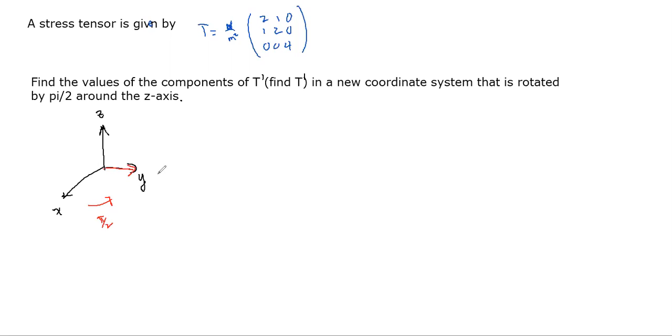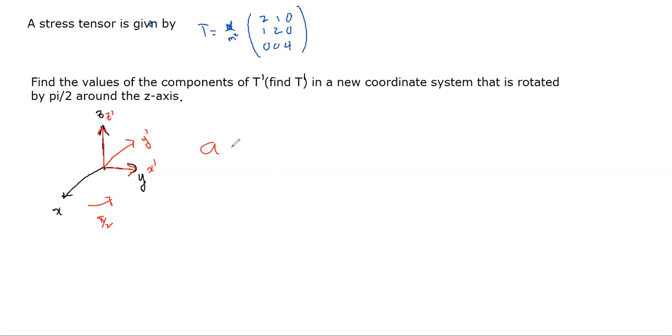What does the y-axis turn into? It would be the negative x. Yes, the y-axis turns into the negative x-axis, and what does the z-axis turn into? Z. Yeah, the z-axis. So just by looking at this, I can write down what this thing does.